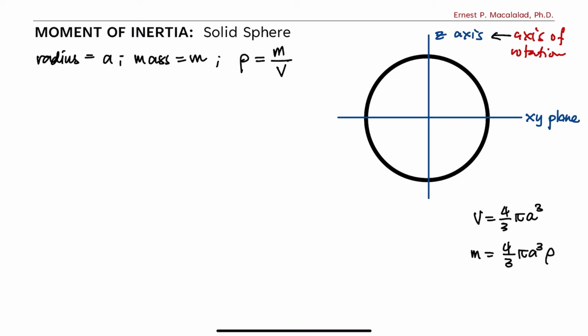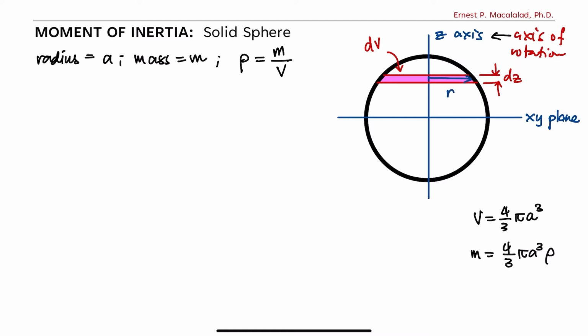So the element mass that we're going to use here would be a disk. And that disk is symmetric about your z-axis. So in this view, it would look something like this. So this will be your element. This volume element dV is a circular disk whose thickness is dz and whose radius is r.